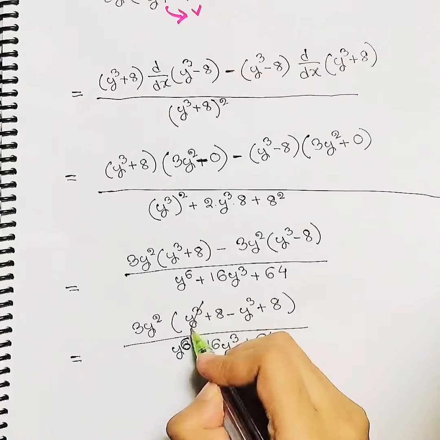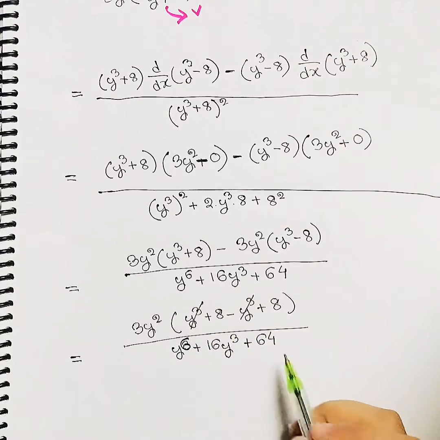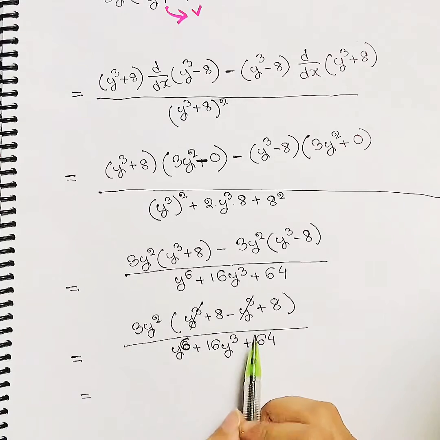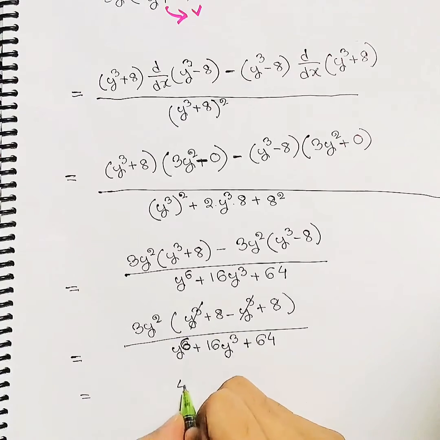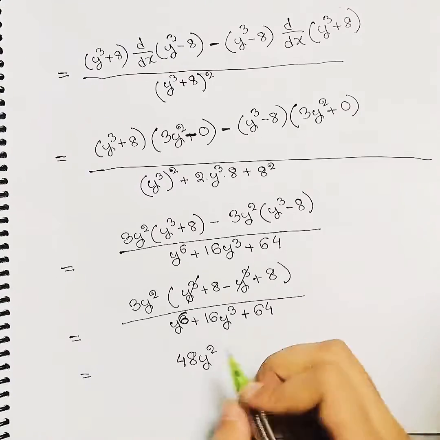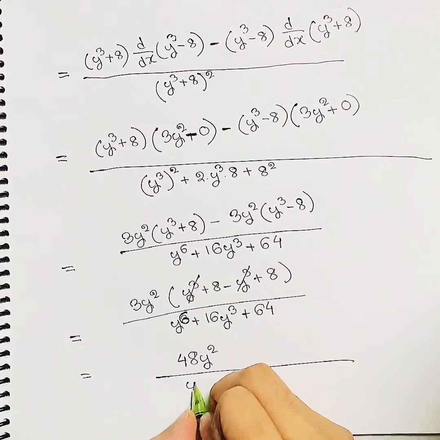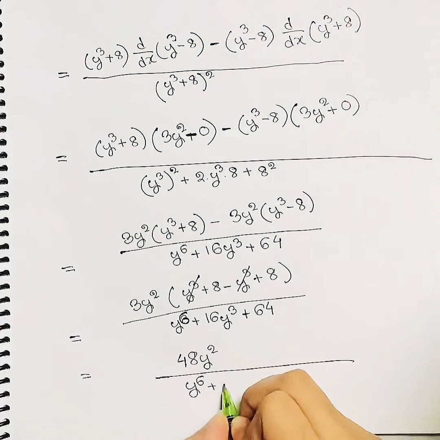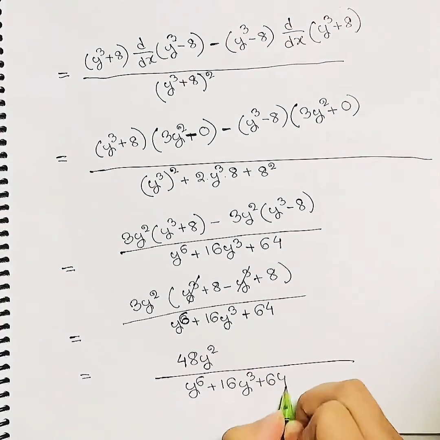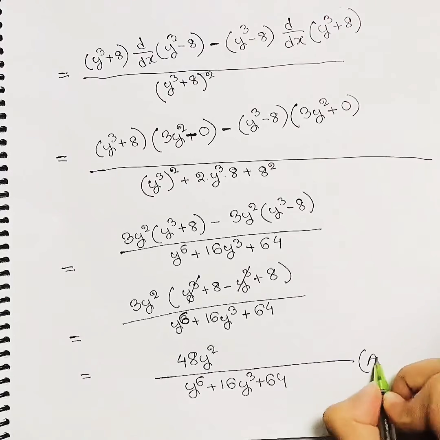Now this y cube and this y cube will cancel out, and 3 into 16 is 48, so 48 y square divided by y to the power 6 plus 16 y cube plus 64 gives us our result.